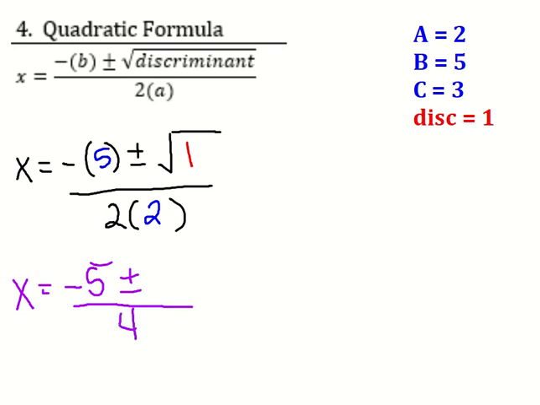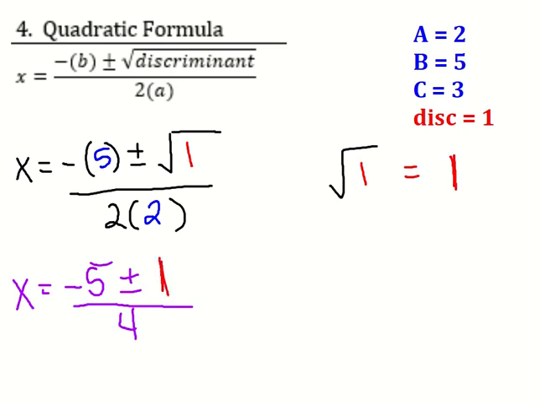Now, the square root of 1, this is where my scratch work would come into play. The square root of 1 in this case is 1. So my radical will go away.